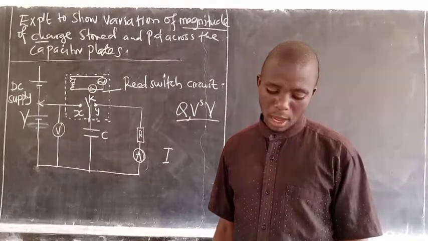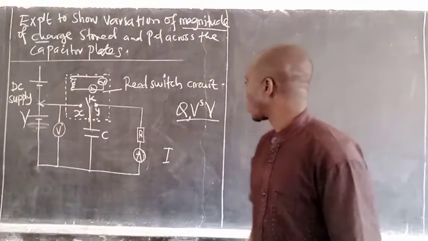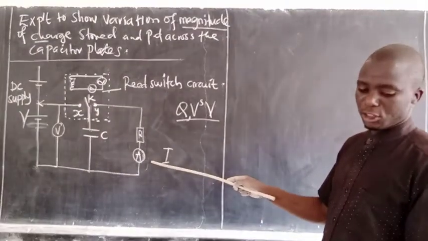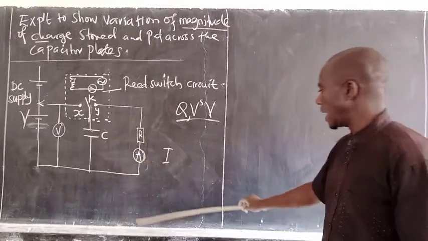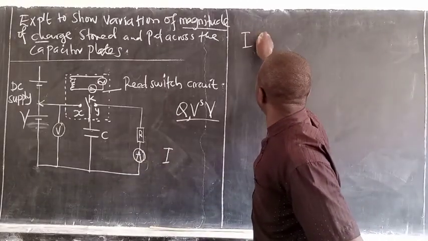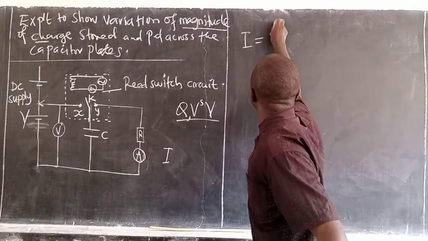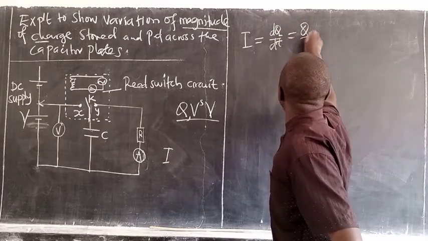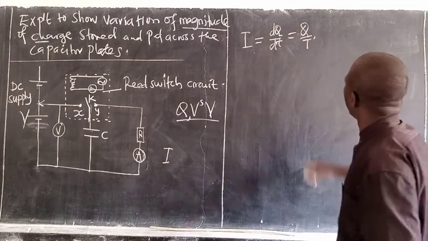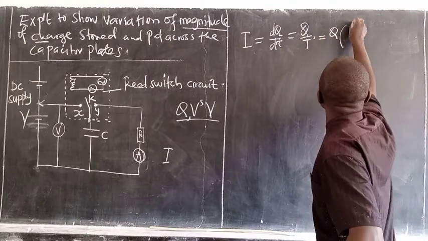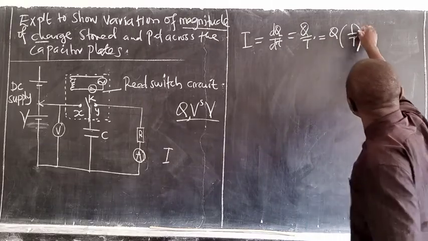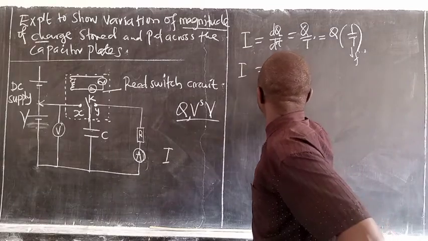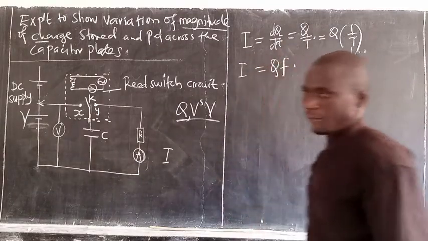What is it showing us? We are going to do the mathematics and see actually what happens. Because we are saying that this current is the rate of flow of charge, Q over T, which is Q times 1 over T. Everyone knows that 1 over T is F, meaning that I is equal to QF.